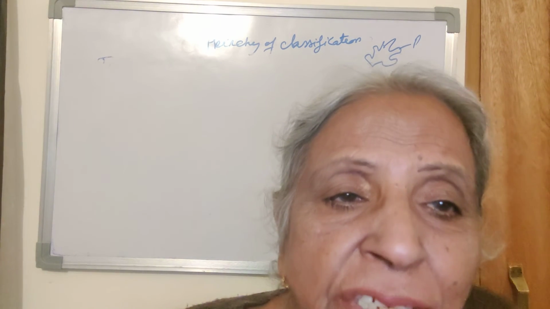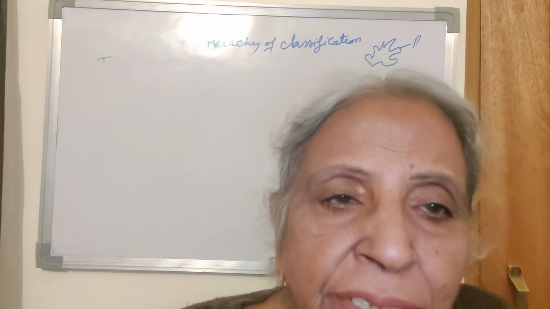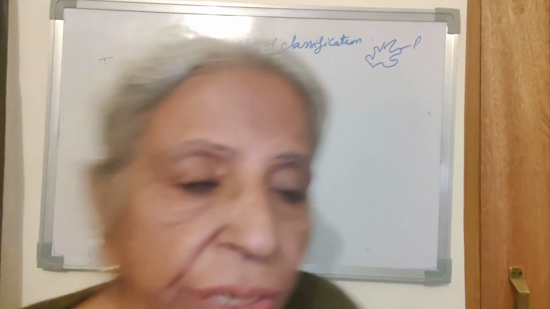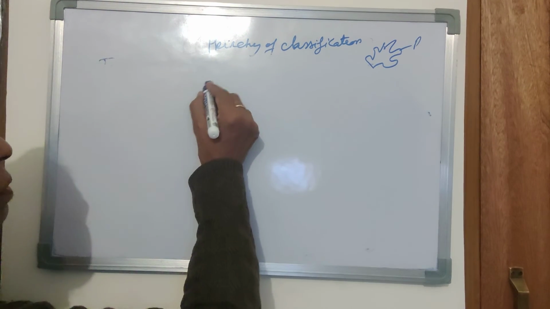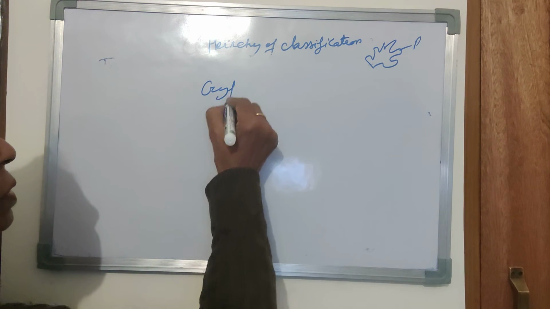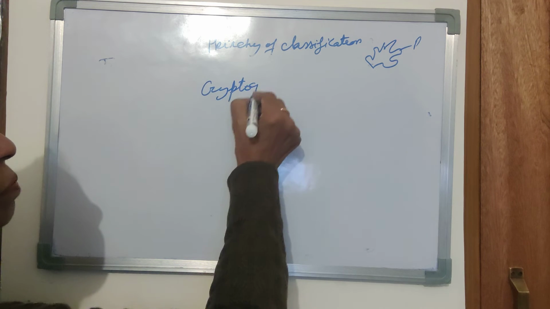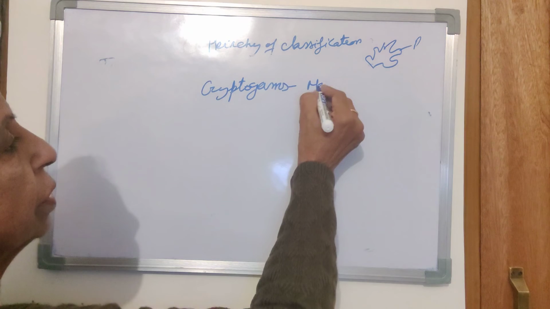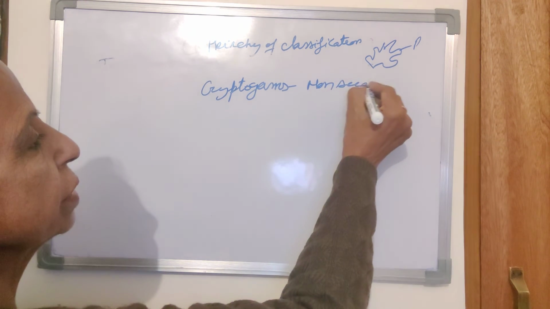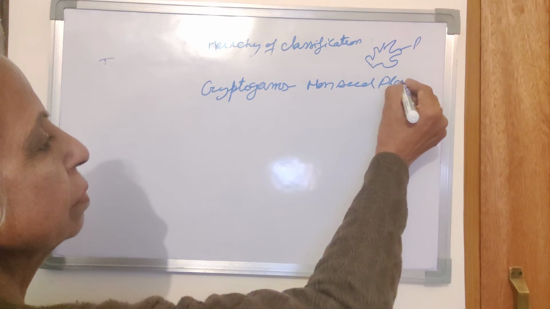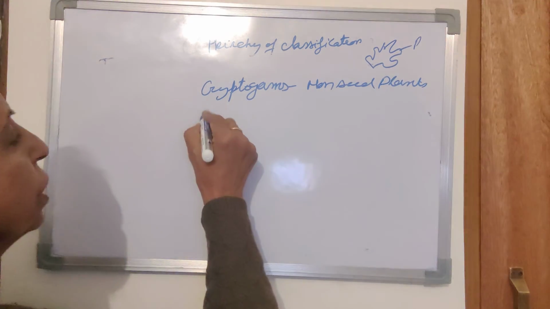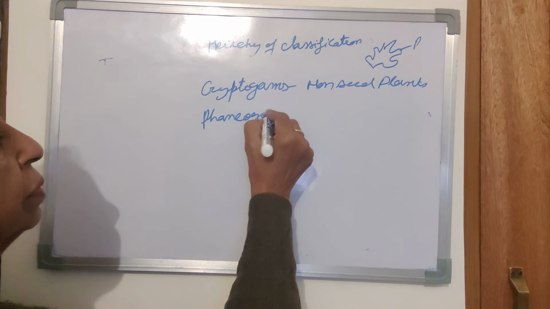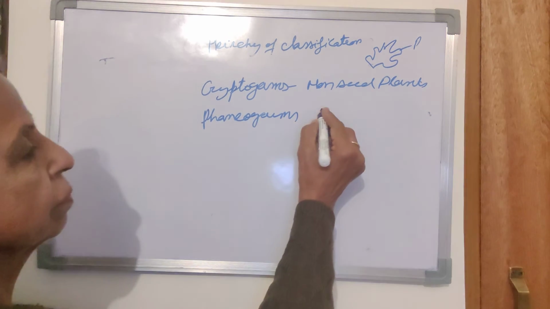The plants which are not producing seeds are called cryptogams. The plants which are producing seeds are called phanerogams. Cryptogams, the non-seed plants, and phanerogams, seed-bearing plants.